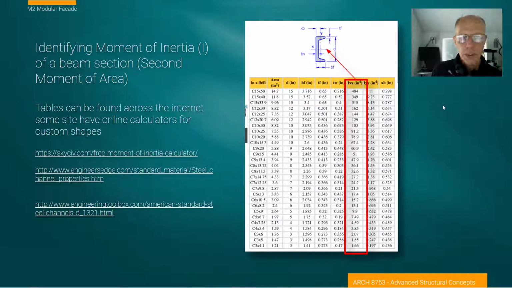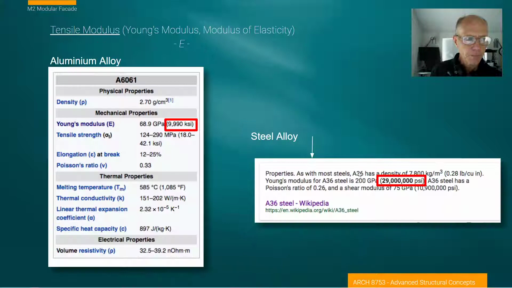We also need to know section properties. This tells us how deep we're going to make our section in order to establish the performance we want. So I've just grabbed a chart that has, this is probably cold rolled steel sections, but it's fine for this. It was easily available. The idea is C15 by 50 is a 15-inch deep C channel by 50 pounds per foot. And that gives us a section property, a second moment of inertia that we can use to calculate deflection.